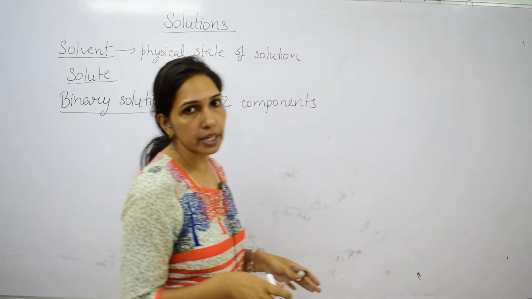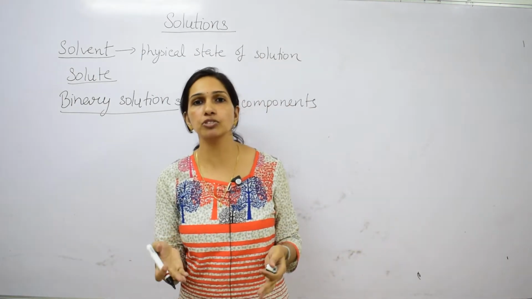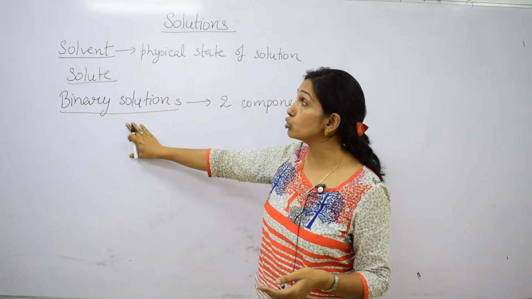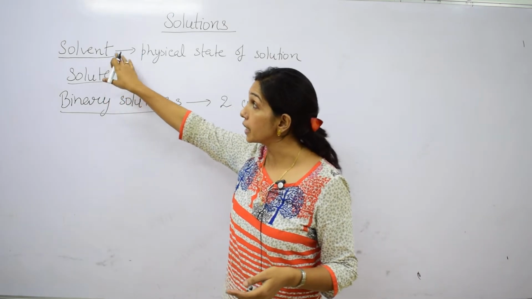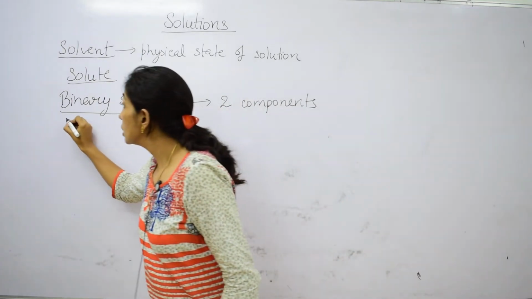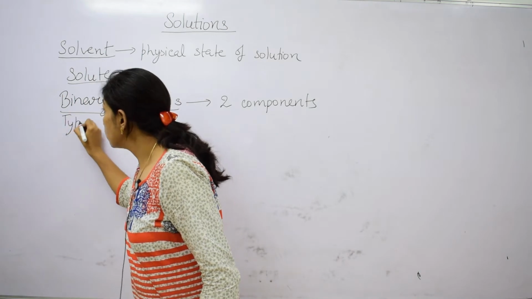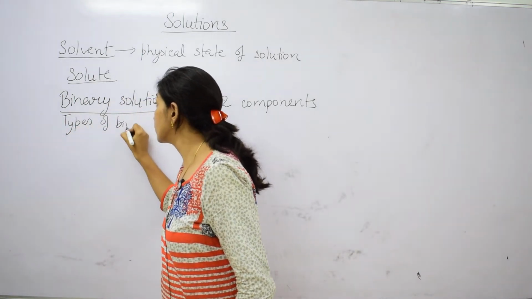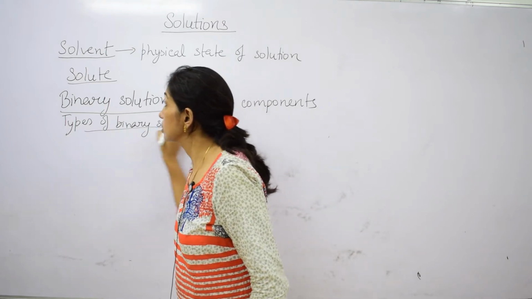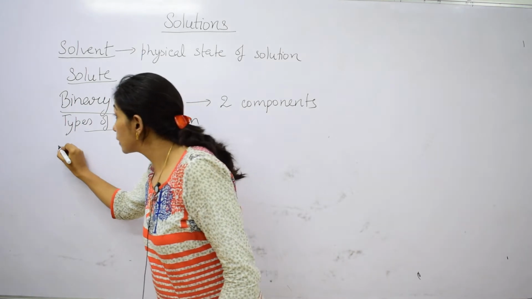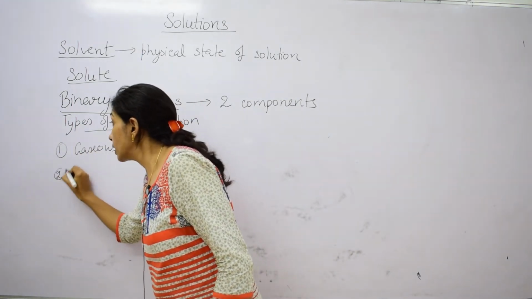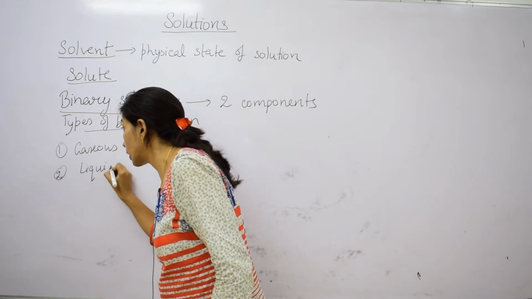Solutions we can classify into different types on the basis of the physical state of the solvent. Types of binary solution: first it can be gaseous, second liquid, and third solid.